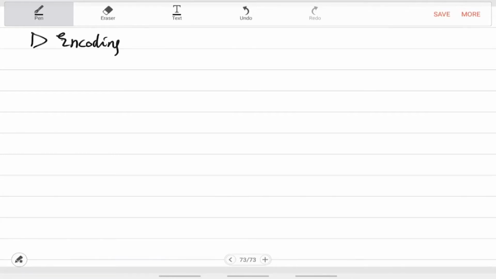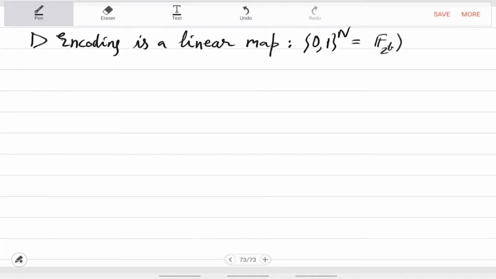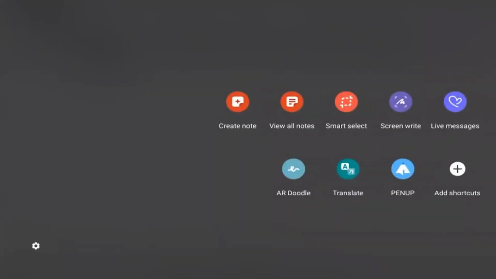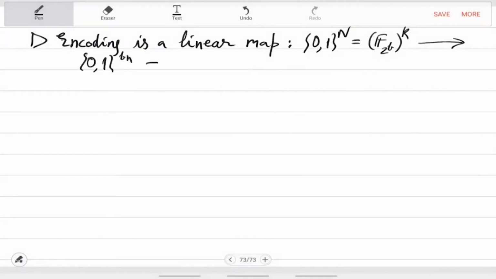So this encoding is, first of all, a linear map from 0 1 to the n viewed as finite field space, to 0 1 to the bn viewed as the same finite field space, but slightly bigger.